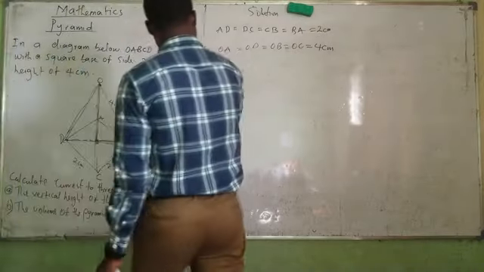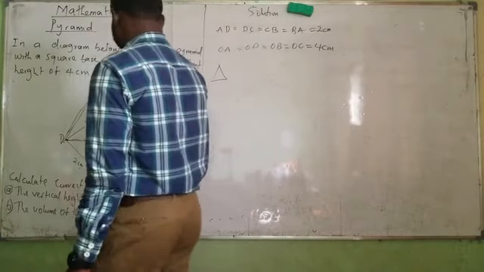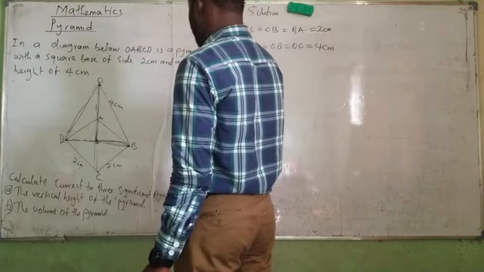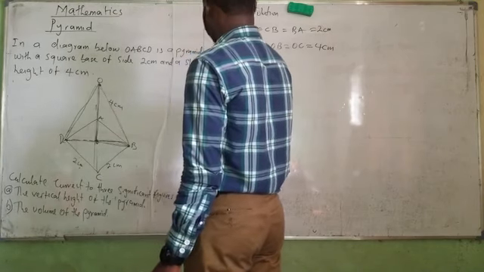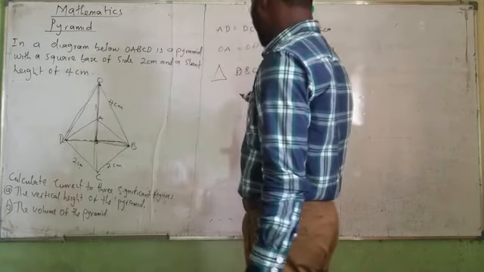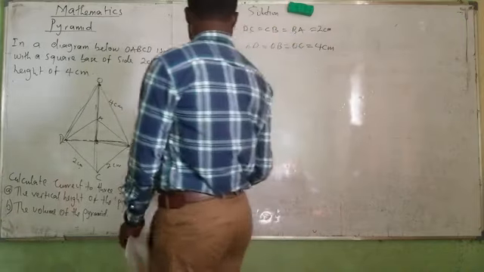I will have this triangle. Let me call this place triangle DBC. Now I want to find DB.